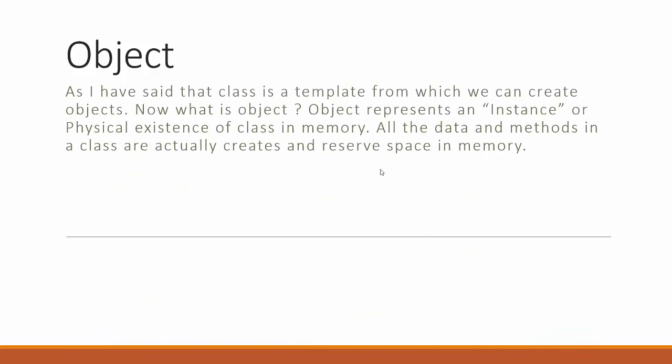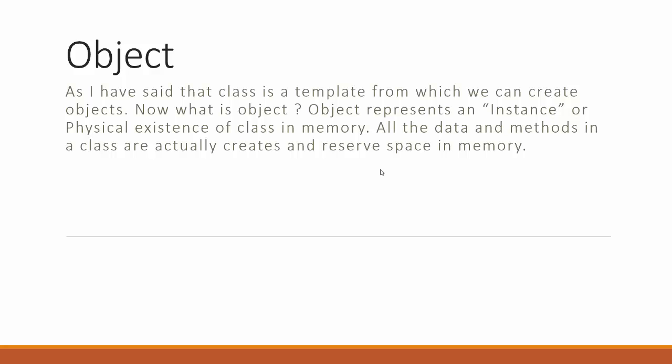Now let's move forward to the concept of an object. So what is an object? An object is basically a physical representation of a class. As I have said, a class is a template from which we can create objects. So an object represents an instance, or the physical existence, of a class in memory.